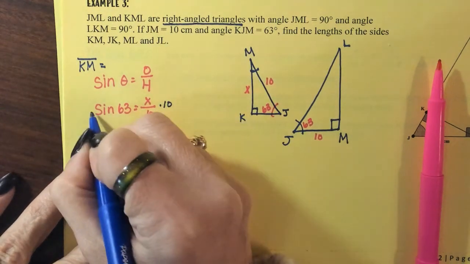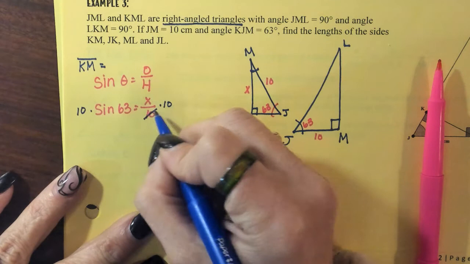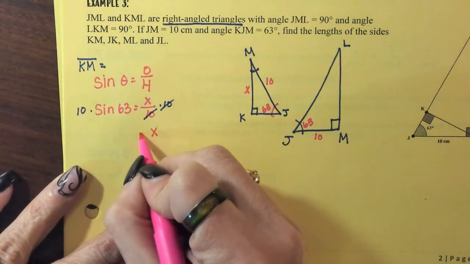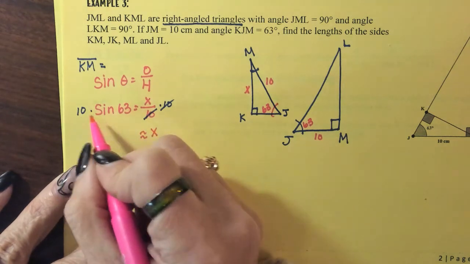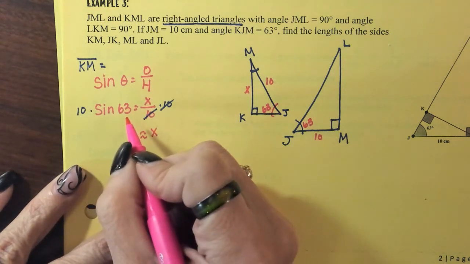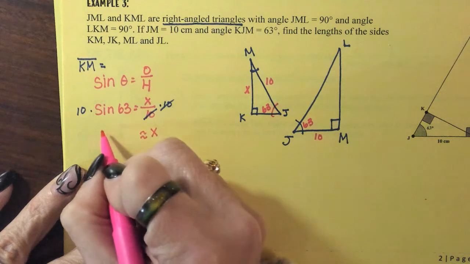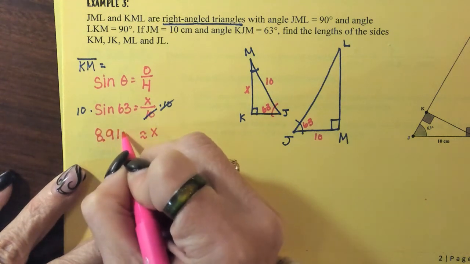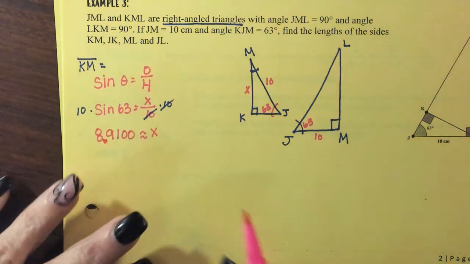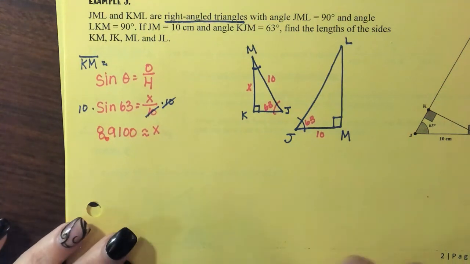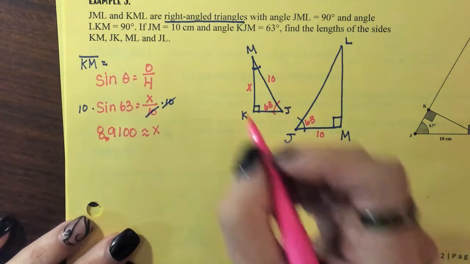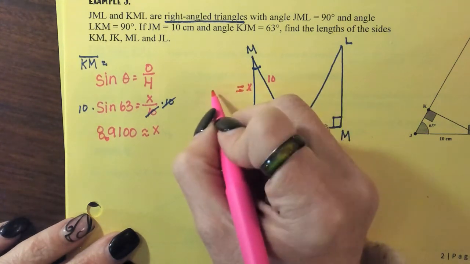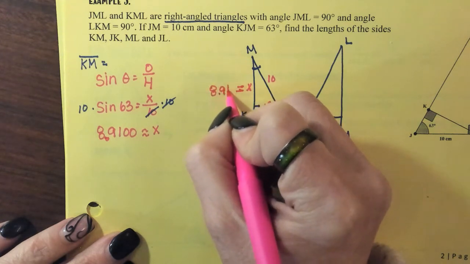So if I multiply both sides by 10, those cancel out. x is going to be approximately 10 times the sine of 63. When I put that in my calculator, I'm going to get 8.9100, or 8.91. So that means KM over here is approximately 8.91 km.